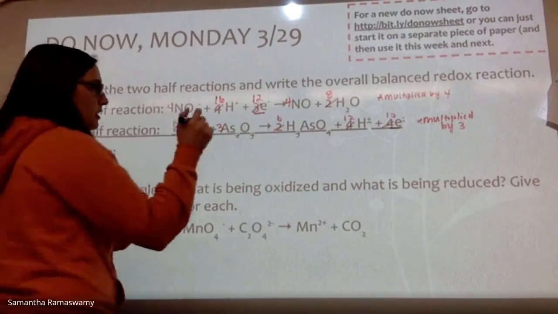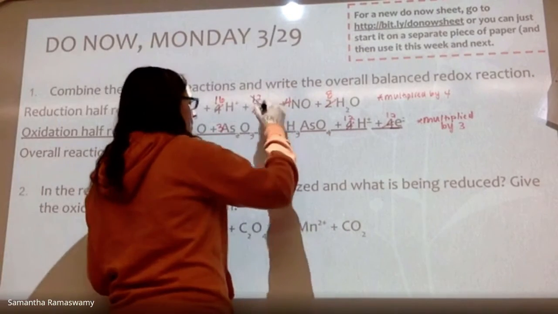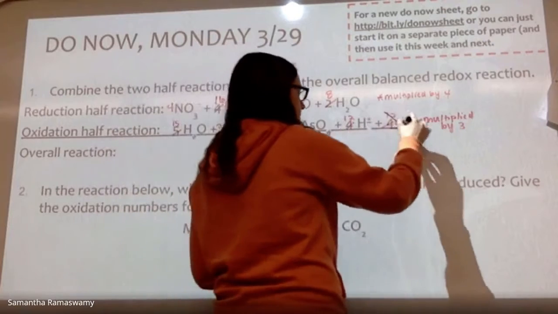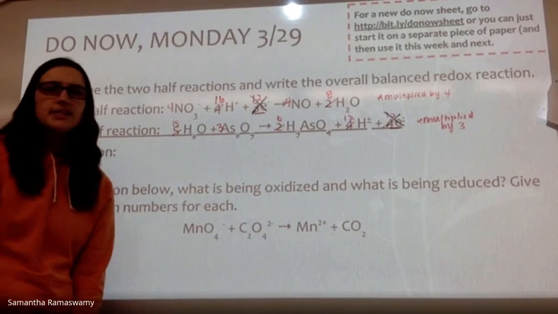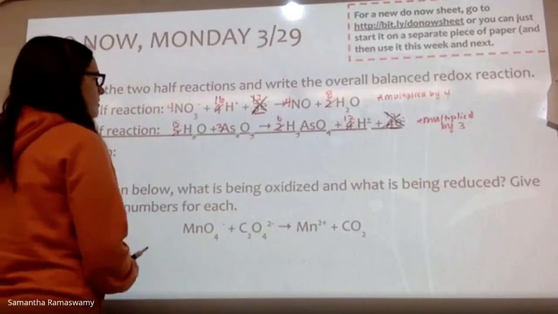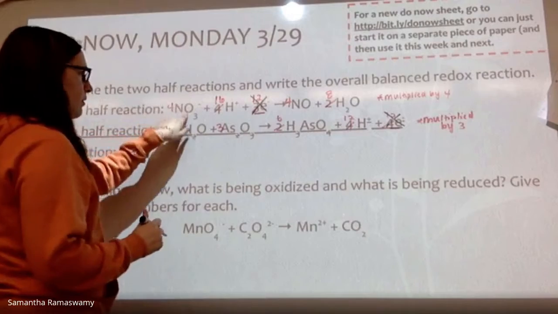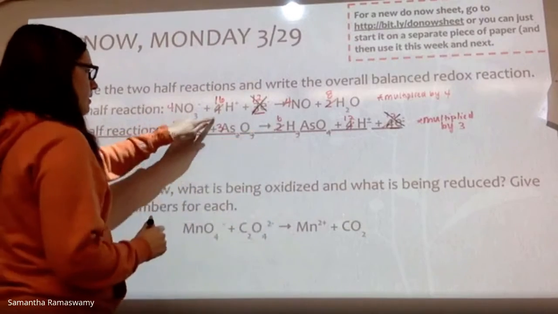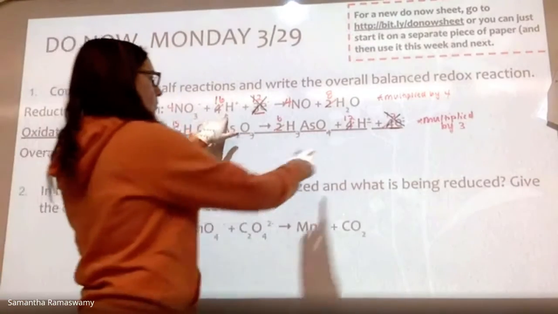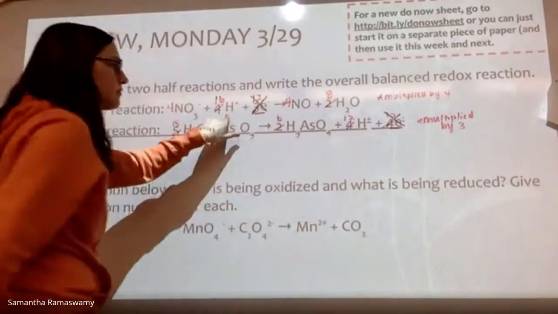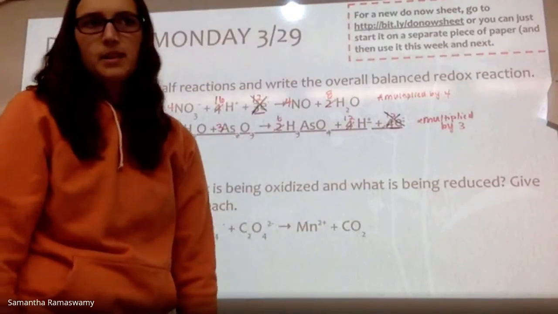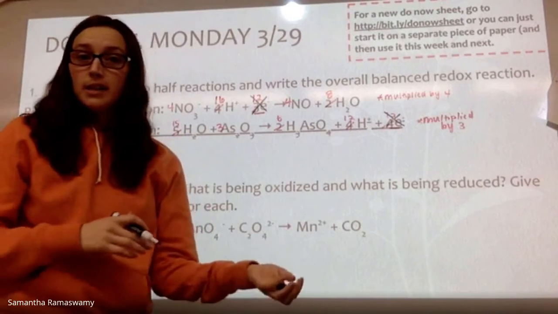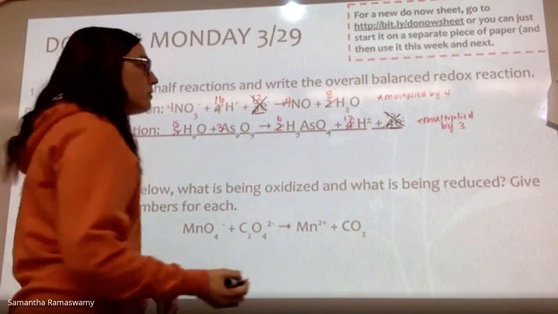So I know for sure that the electrons cancel. 12 electrons on the left, 12 electrons on the right. You guys see other things that cancel. So NO3, there's no NO3 over here. H plus, well, there's H plus over here. Now we have 16 on the left and 12 on the right. So not all 16 are going to cancel, but 12 of them will.